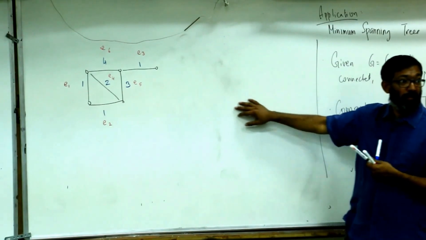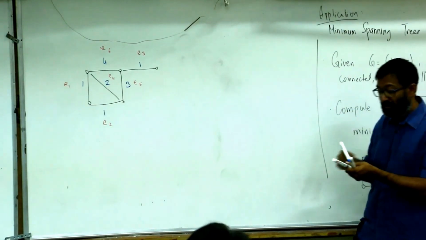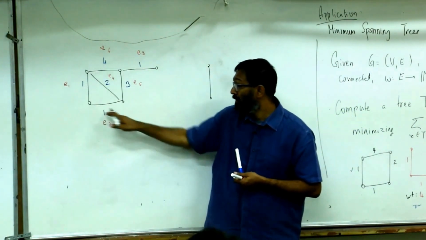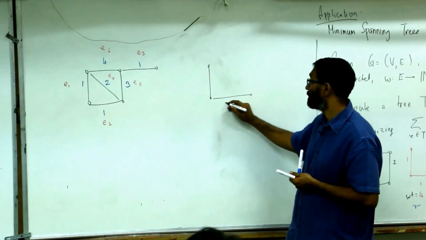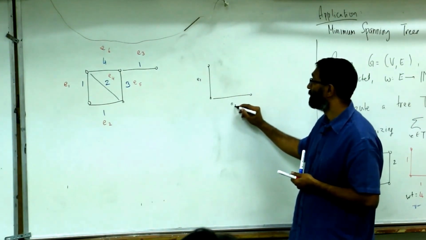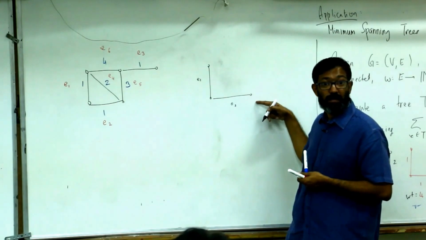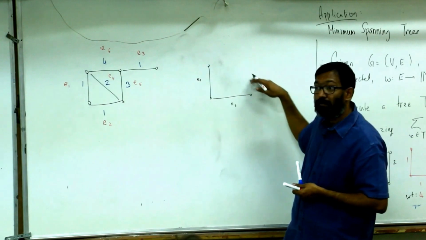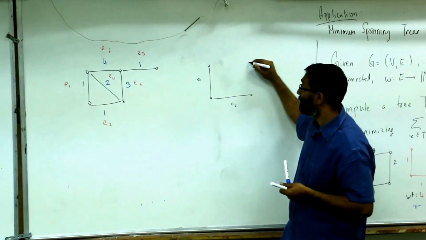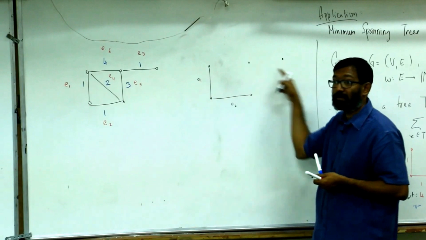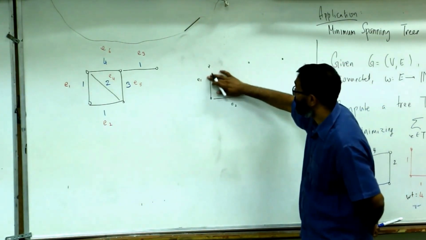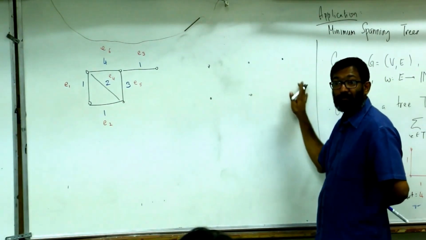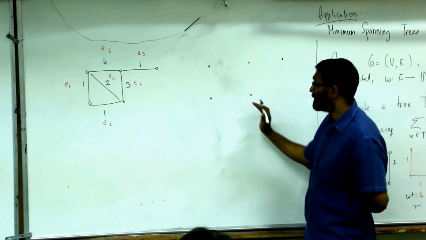Initially the tree is empty, there are no edges. The other vertices are still there, sitting around, so initially the tree looks like a set of nodes with no edges.